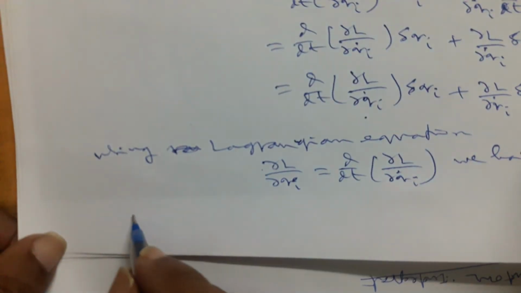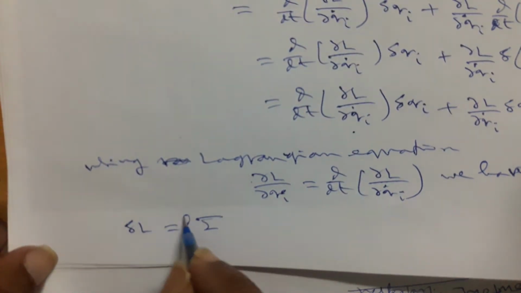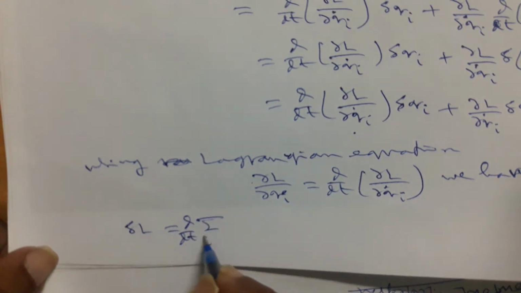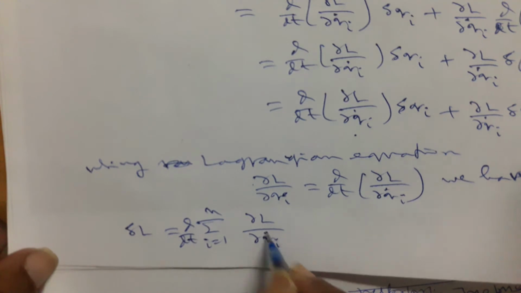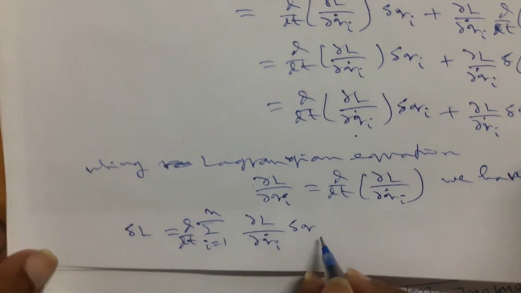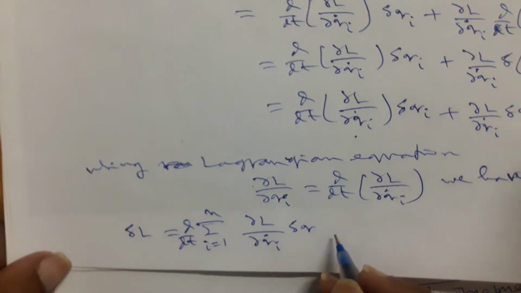So finally we find del of L equals d/dt of the sum over i equals 1 to n of del L/del qi dot del qi.